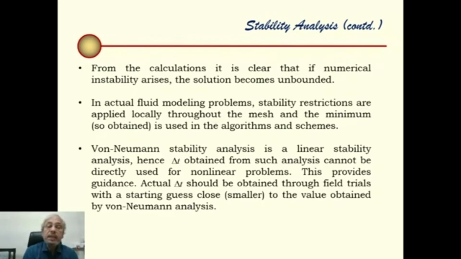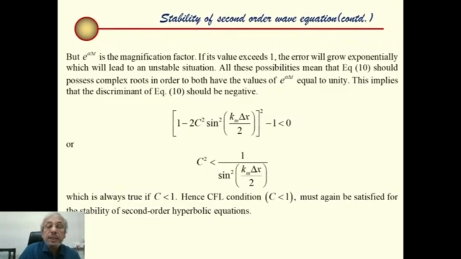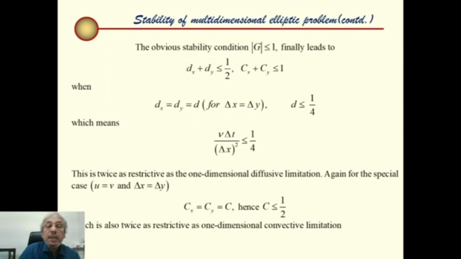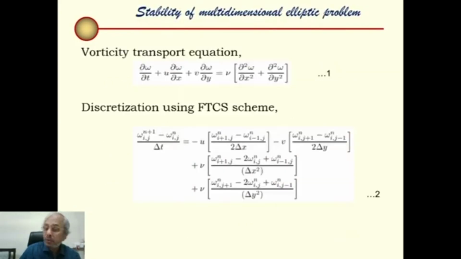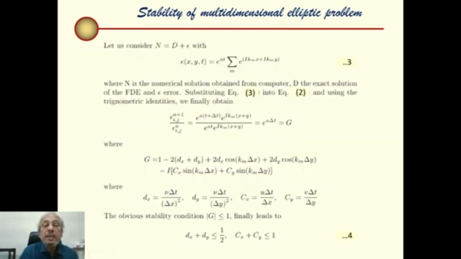Now, one thing here, the stability analysis which we have done is on linearized equation. Even just slowly I will go to vorticity transport equation, which is definitely a nonlinear equation, but if you recall, I mentioned u and v are considered here as coefficients, which makes the equation linear.